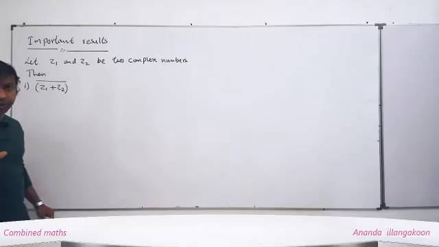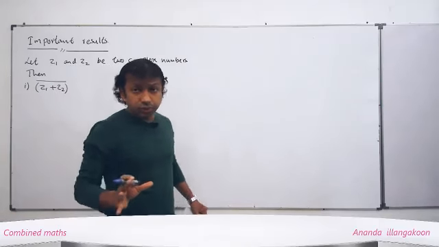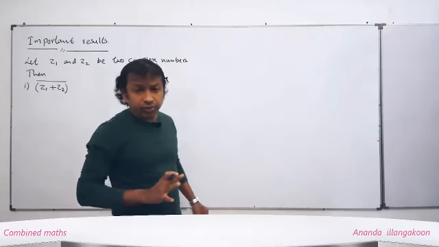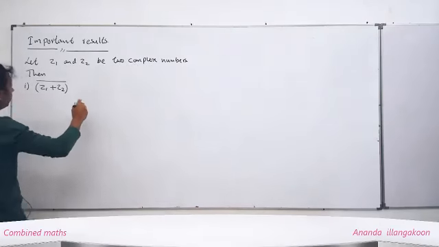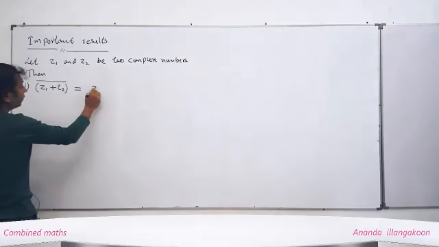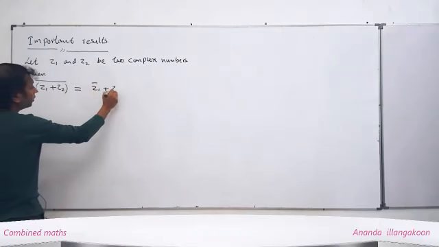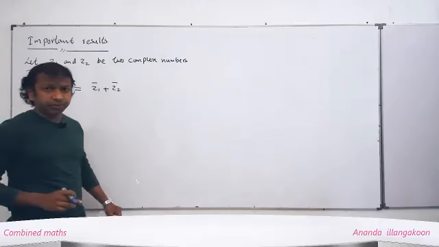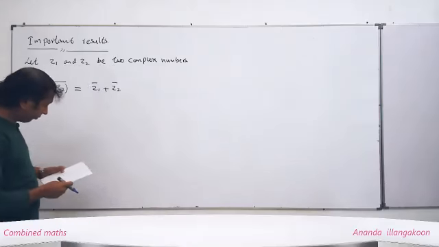That is equal to the sum of the conjugates, Z1 bar plus Z2 bar. See here, the conjugate of the sum of two complex numbers is equal to taking the conjugate of each of Z1 and Z2 separately and adding them up. That's the first relation, right?